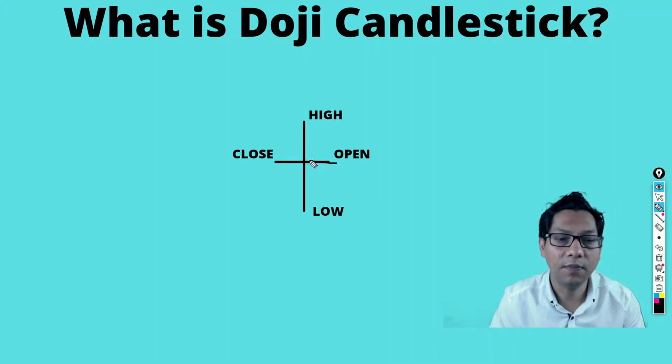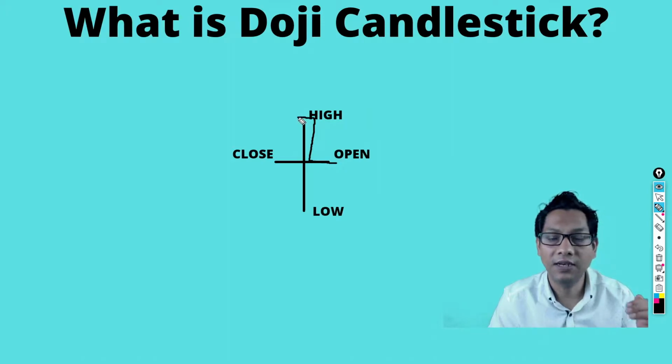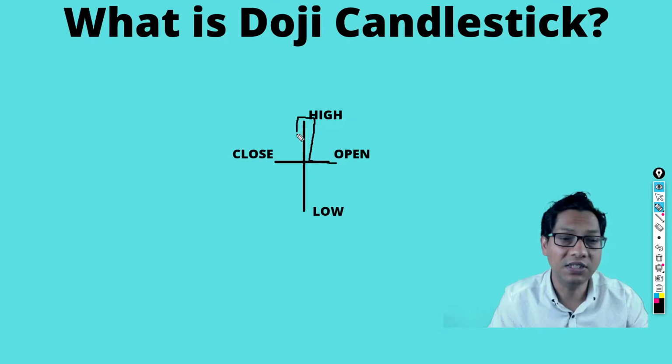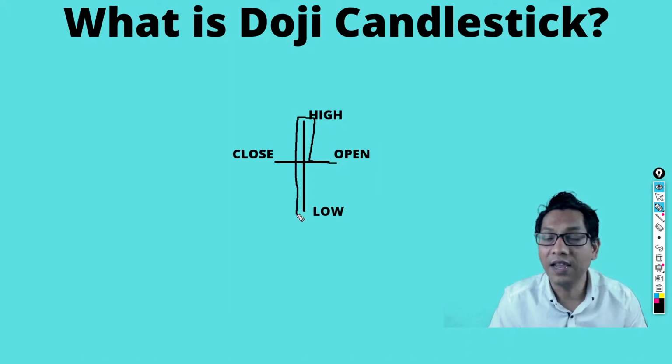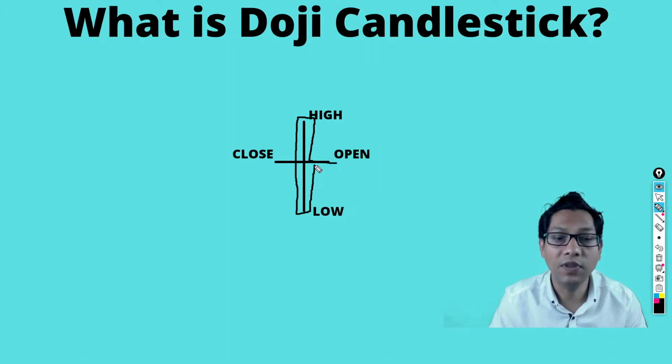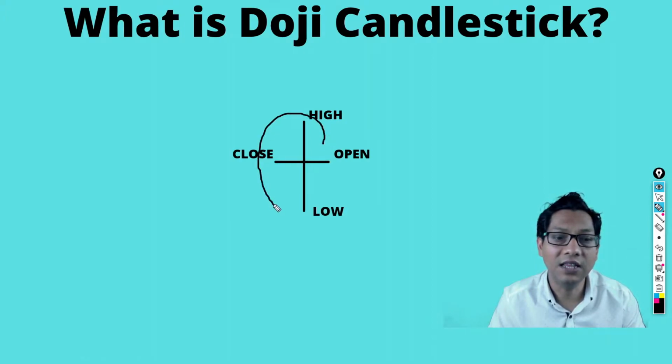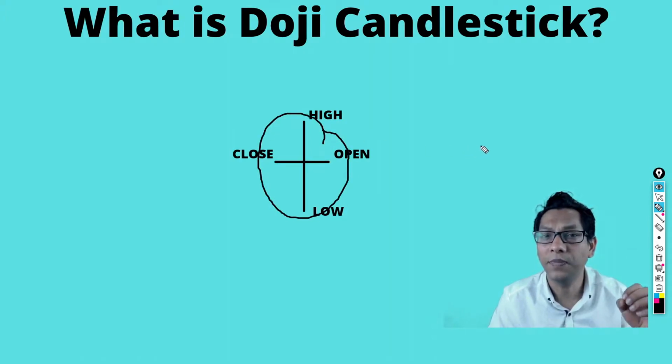After that, the buyers pushed the price up, and then at a certain point sellers came back and pushed the price down, even below this low, and then again buyers came back, and at the end of this trading period, whatever time frame you are looking at, the price closed almost the same place where it started. In that case, this candlestick is formed, which is called Doji.